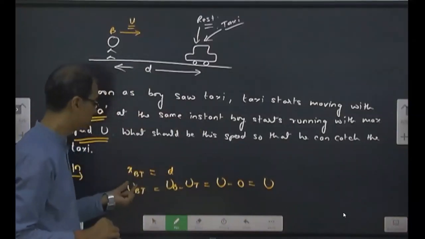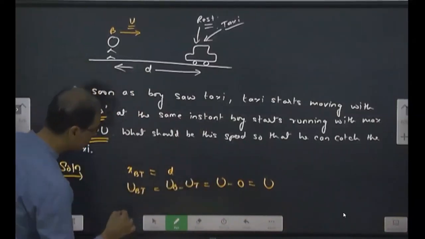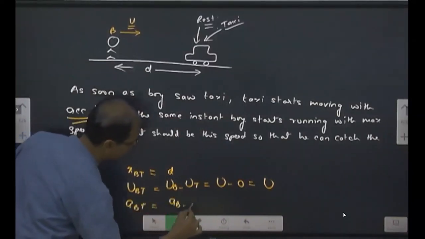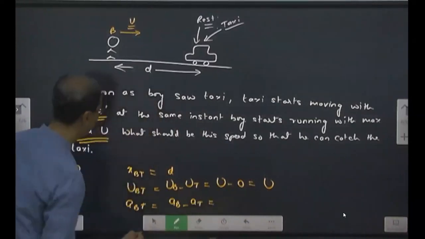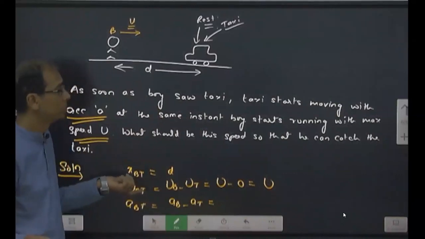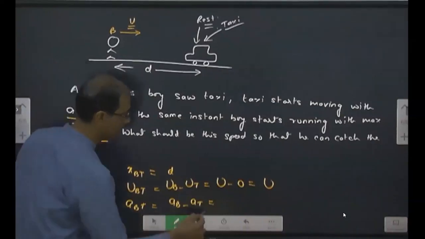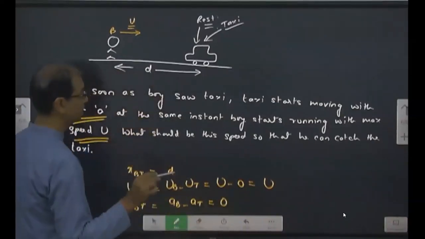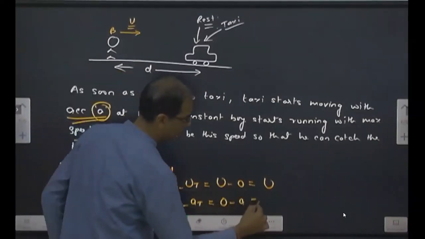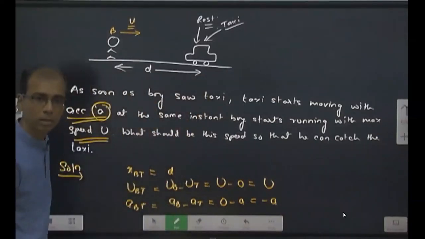D. Initial velocity of the boy with respect to the taxi, u. Acceleration of the boy with respect to the taxi is AB minus AT. But the boy is running with maximum speed only, constant speed. So the boy doesn't have any acceleration, so 0. But the taxi has acceleration a. Okay, no problem. Minus a. So ultimately, minus a. Done. We have written everything.